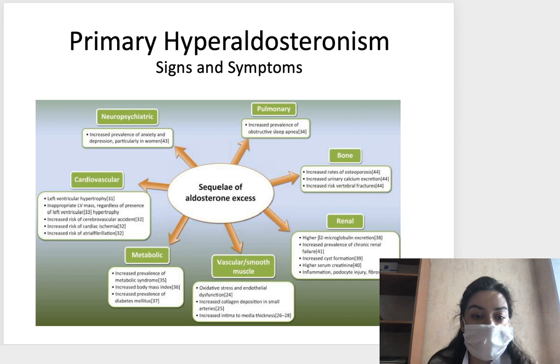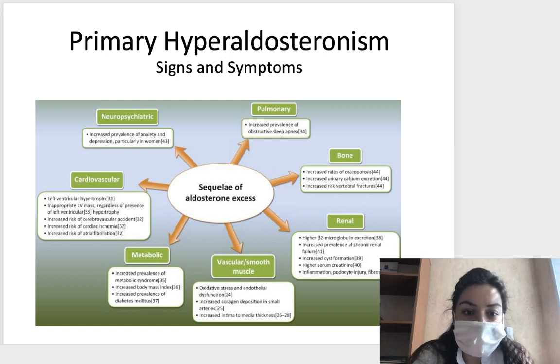Metabolic disorders: increased prevalence of metabolic syndrome, increased body mass index, increased prevalence of diabetes mellitus. Cardiovascular manifestations: left ventricular hypertrophy, which we understand is mostly due to hypertension. It is inappropriate left ventricle mass regardless of presence of left ventricle hypertrophy.